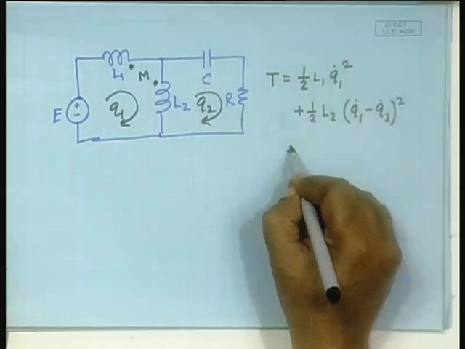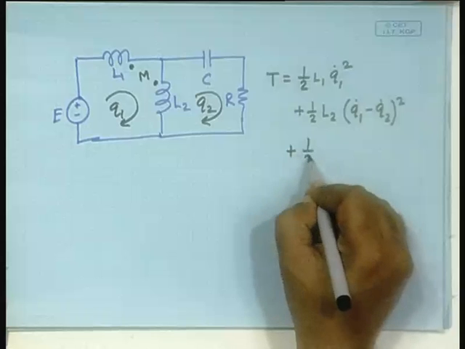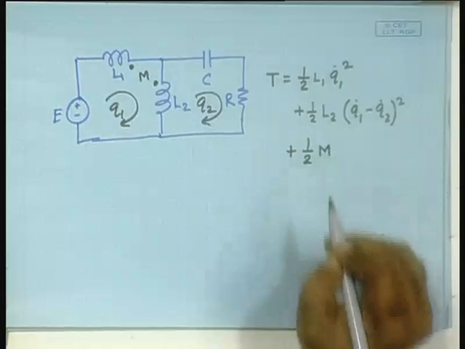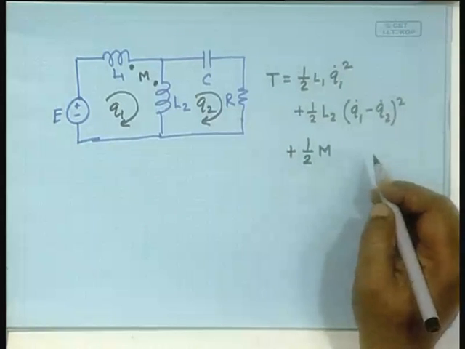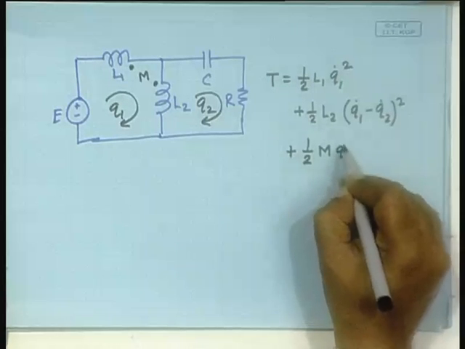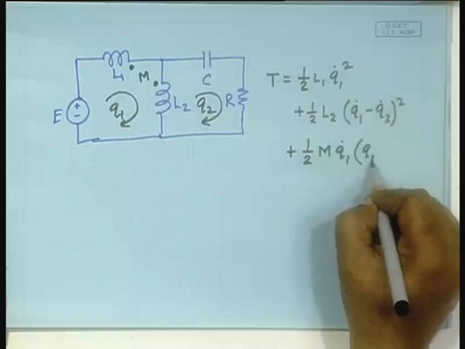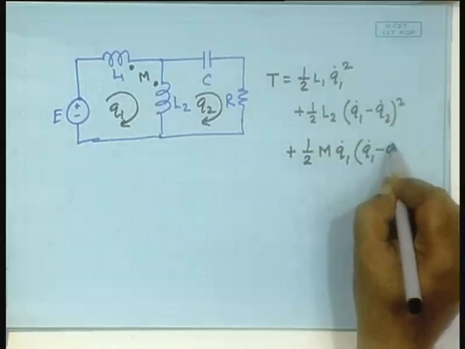So, the additional kinetic energy would be plus half mutual inductance M, Q1 dot into (Q1 dot minus Q2 dot).